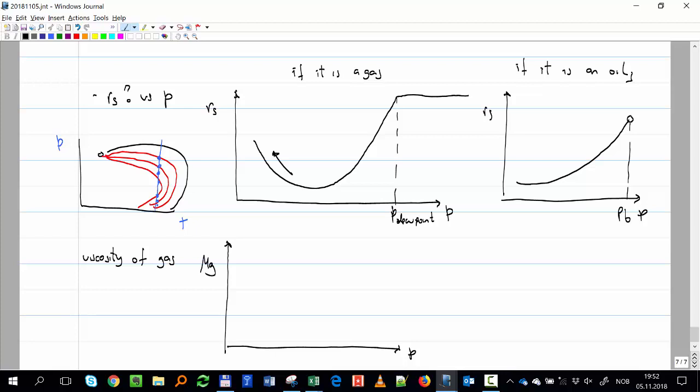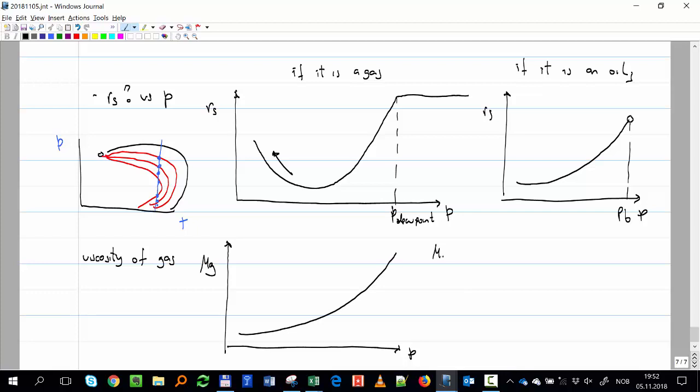And what happens with the viscosity of the gas with pressure? Increasing or decreasing? Increasing? Okay, it does something like that.